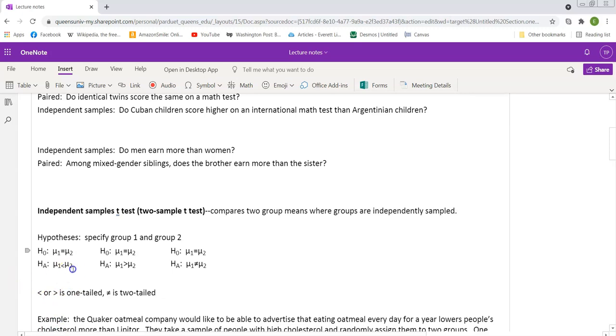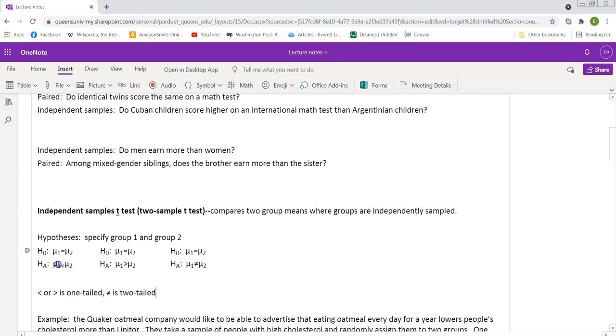I want to mention how this is different from what we've been doing. What we did last week with the one sample z-test and the one sample t-test, the difference there was that we were comparing a mean to a constant. We had some unvarying value that we wanted to compare against.